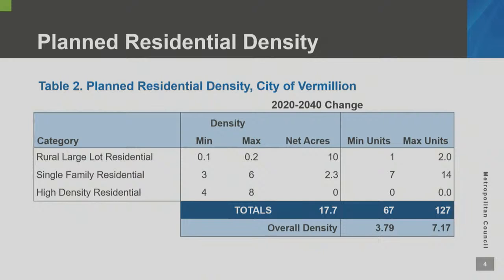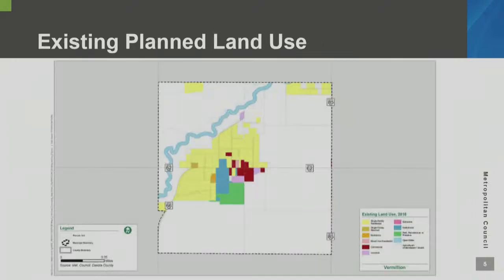Overall expected density between 3.79 and 7.17. Again, that's for expected change. Household growth of 10 is very, very modest. To date, as far as I know, they have not had any building permits, and we are passing the halfway point of 2022, so we'll see how that goes.